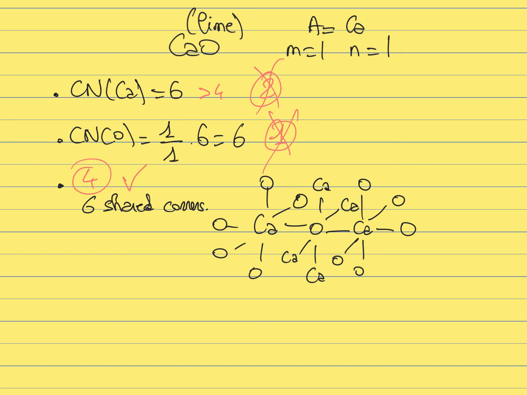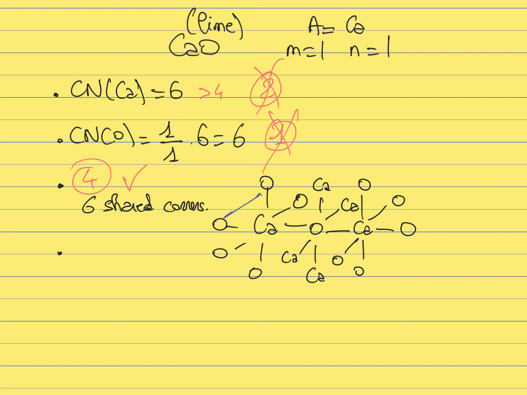What about the third rule? The third rule tells you that when you draw the structure, you need to be able to draw a structure where the polyhedra only share corners, not edges, not faces. So here, if we look at this, is it possible to draw a structure where the 2 octahedra only share corners?